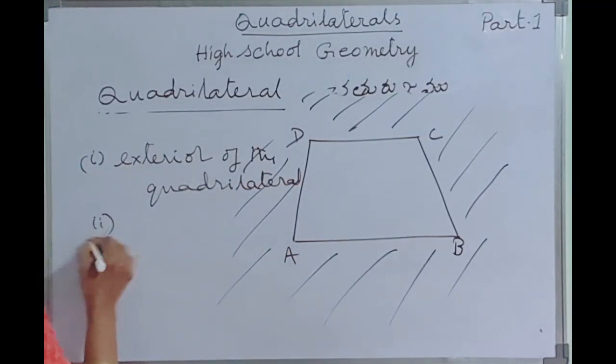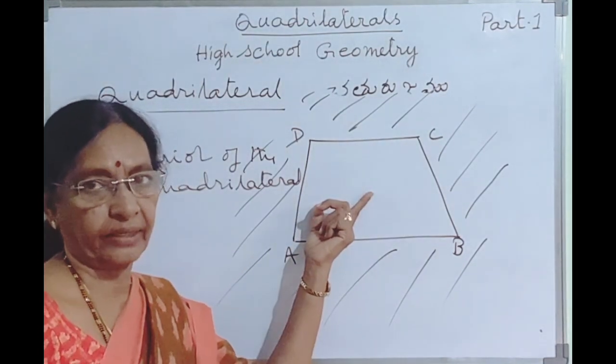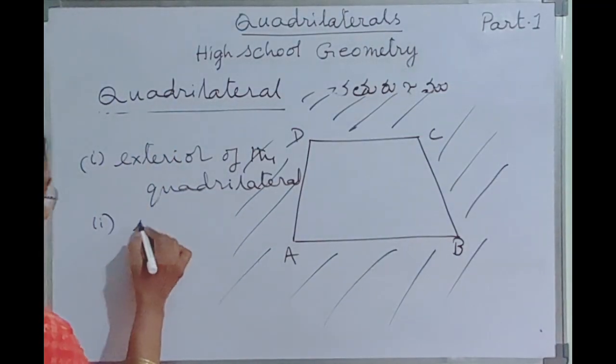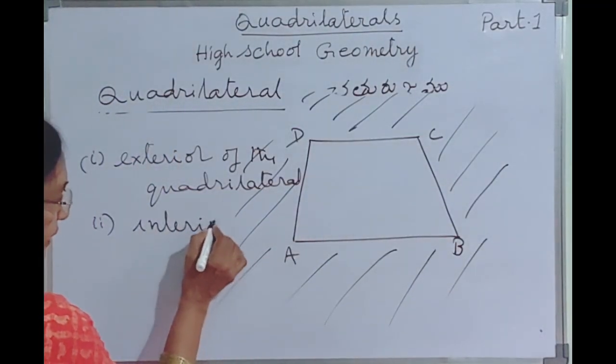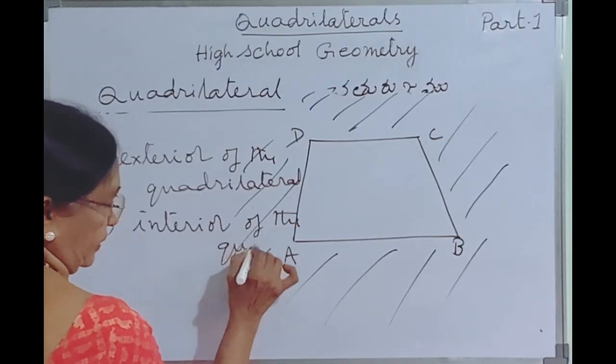Next, the second one, the set of points lying inside the quadrilateral is called the interior of the quadrilateral.